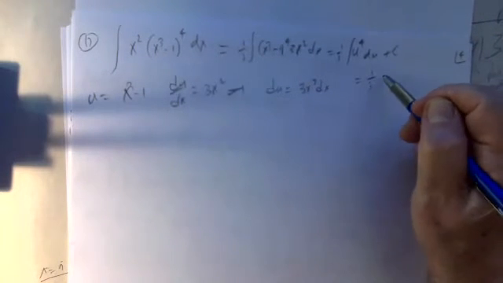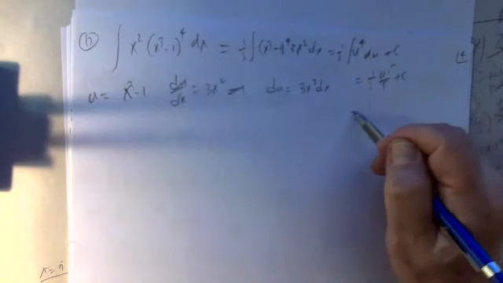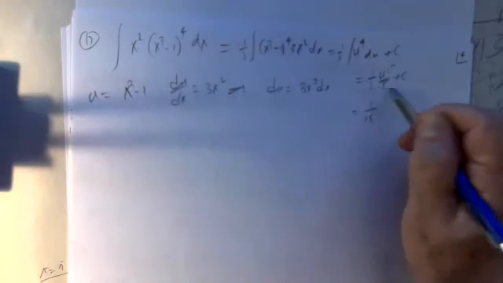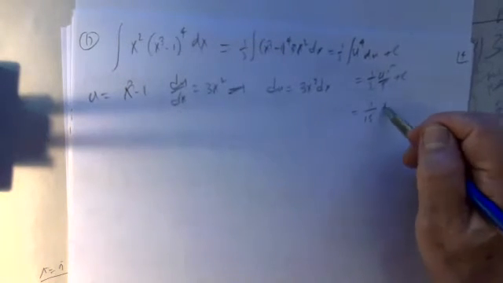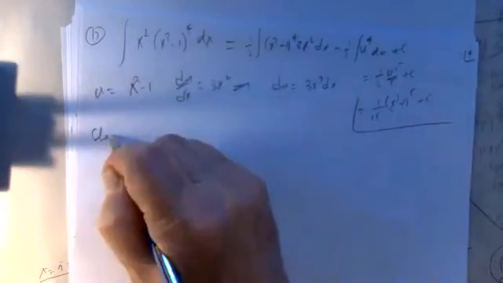So that's 1/3 u to the 5th over 5 plus a constant. So the answer is 1/15, 3 times 5, x cubed minus 1 to the 5th plus a constant. It's so easy.